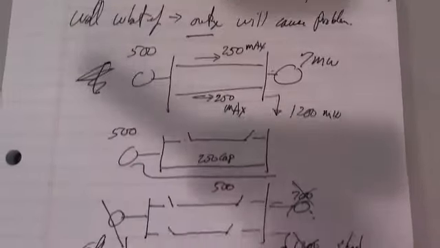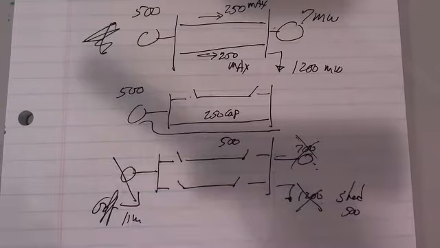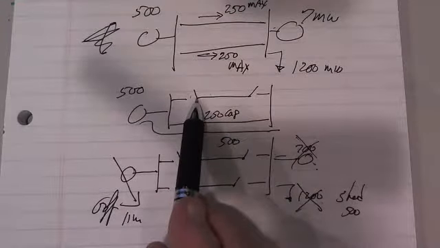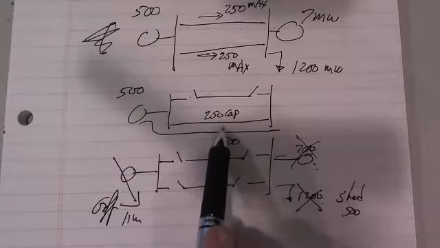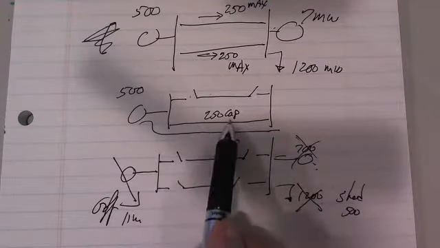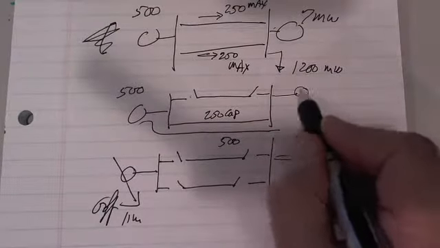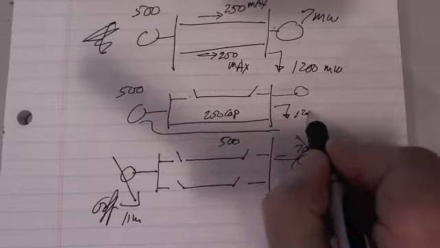So if you have an outage here that results in 500 flowing on this, this line is carrying twice what it should. Here's the generator and the 1,200.